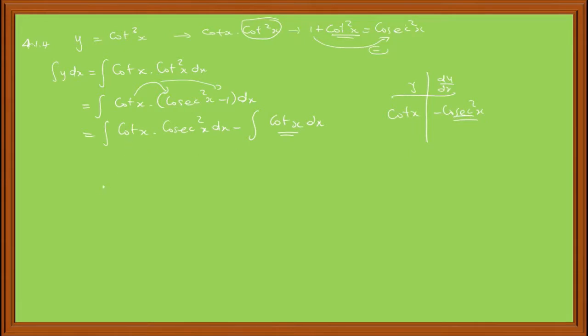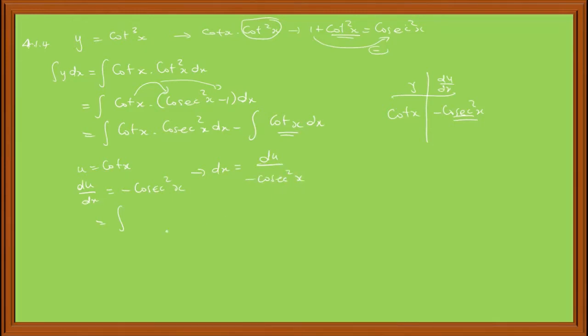So this is there on the dy over dx, and you can take this to be your u. Your u is cot x, du over dx is minus cosec squared x. Then we say integral of cot x times cot x, which is your u. From here, your dx is the same as du over minus cosec squared x.